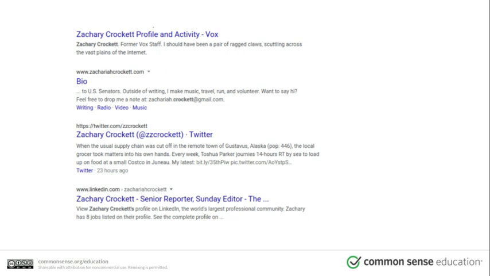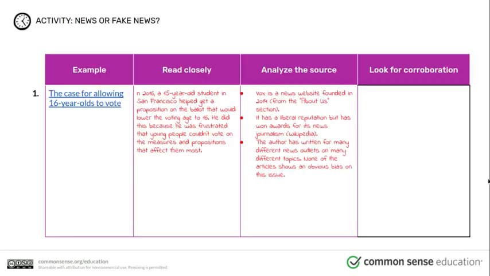I also looked up Zachary Crockett, who is the author. He has written information and articles outside of the Vox platform. He's published them in other news sites and also writes other things.